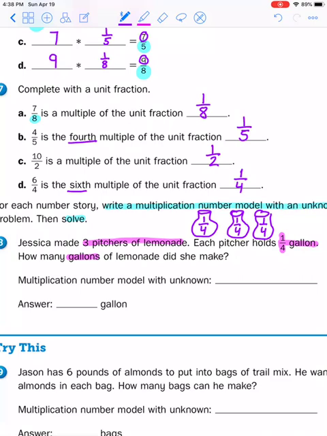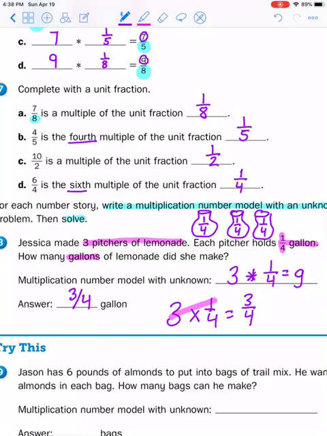So my multiplication number model with the unknown would be 3 times 1/4 equals G for gallons. And if I answered that, 3 times 1/4, I'm going to multiply the whole number by the numerator, and I get 3/4. So she used 3/4 of a gallon of lemonade. That's how much she made.